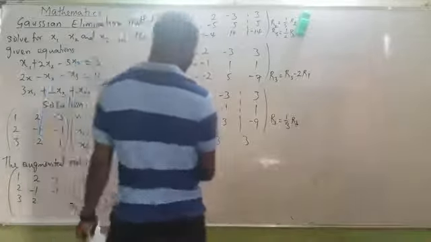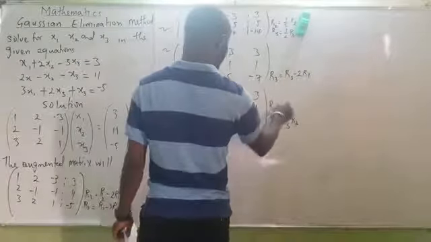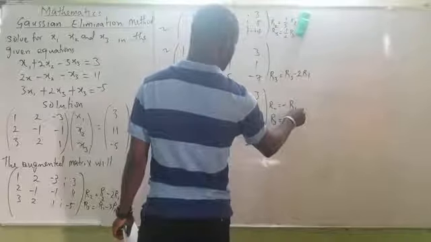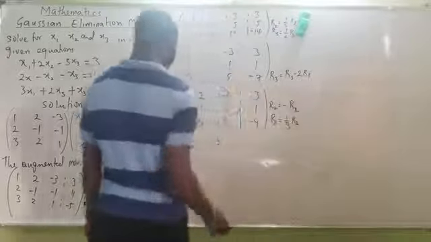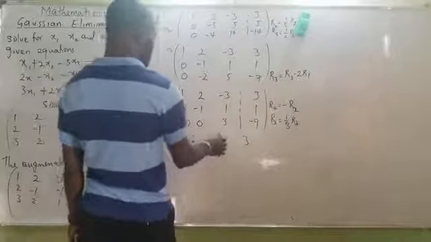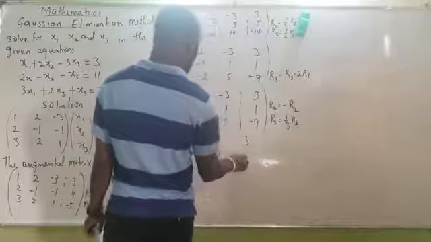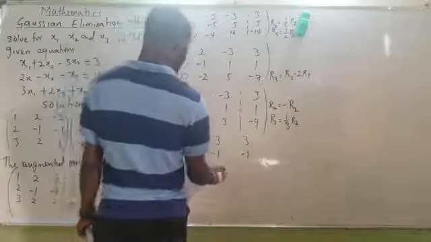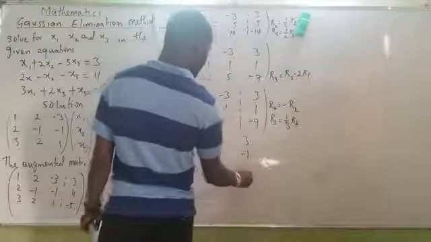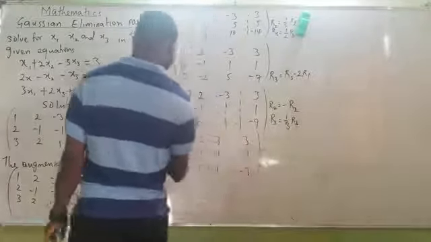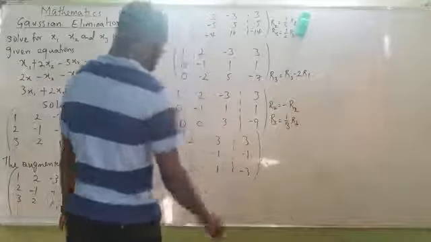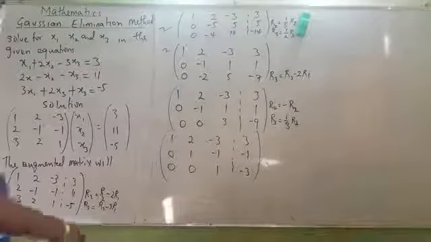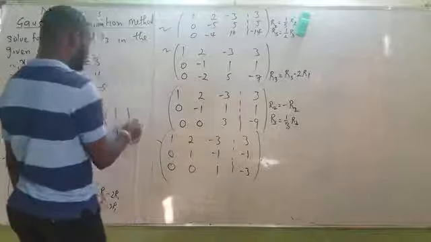If I also do R2 equal to minus R2, there won't be any problem. And here will be 0, 0, 1, and minus 3. That is my augmented matrix. Now, can you see that this becomes an echelon form?